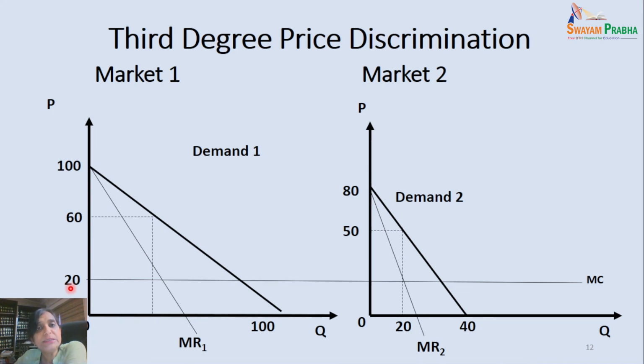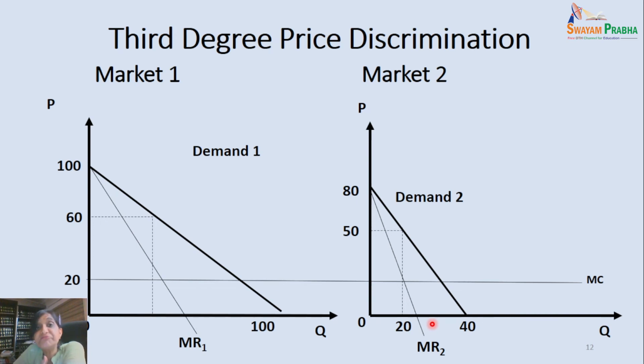How do we determine the equilibrium? How do we determine the profit maximizing price, learners? The point where marginal cost is equal to marginal revenue. So in this case, marginal cost will be equal to MR1 for market 1, and marginal cost will be equal to MR2 for market 2. So MR1 = MC, MR2 = MC.